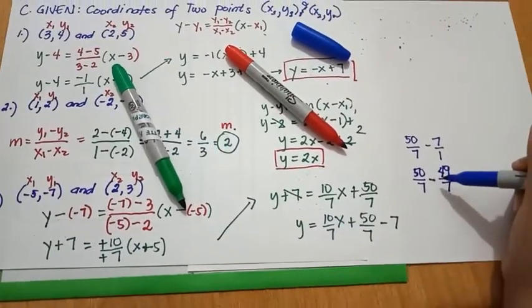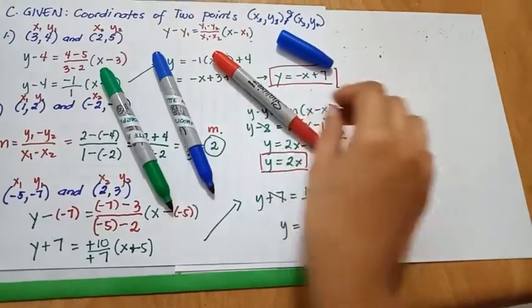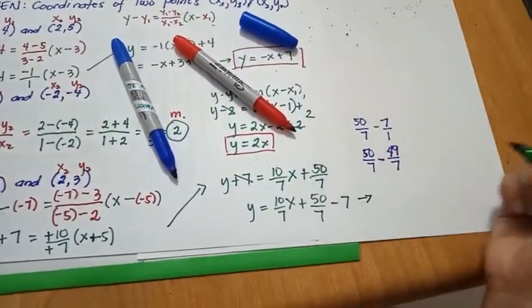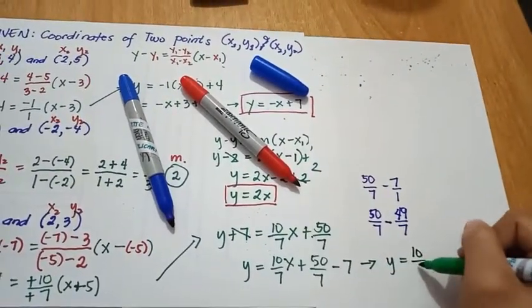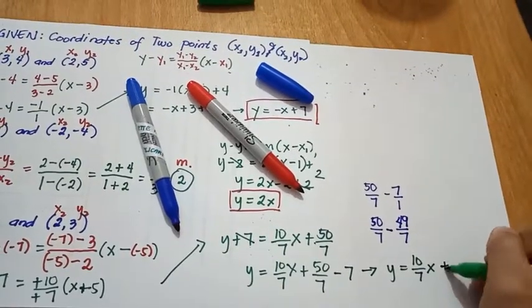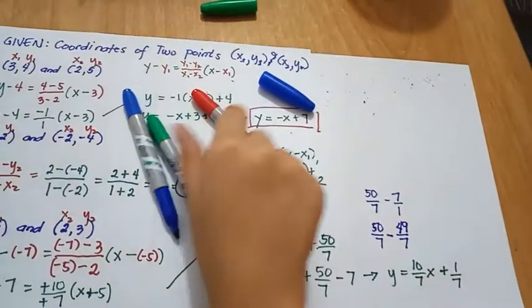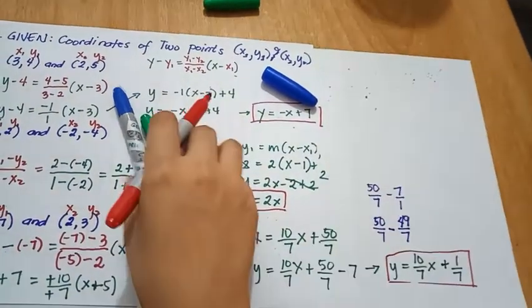So 50 over 7 minus 49 over 7 is equal to, let us write our final answer here. Y equals 10/7 x plus 1 over 7. And this will be our equation in slope-intercept form.